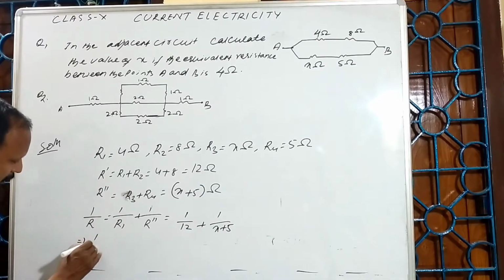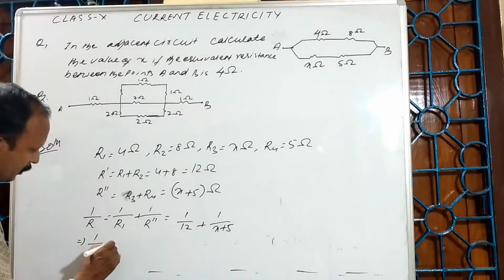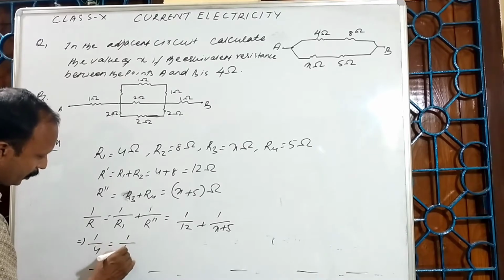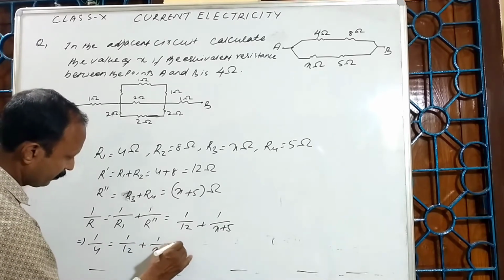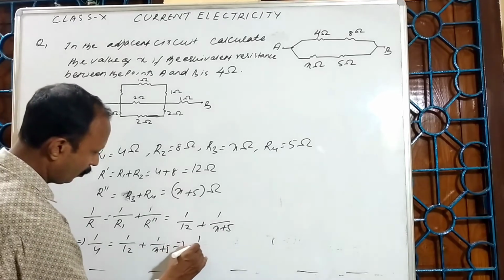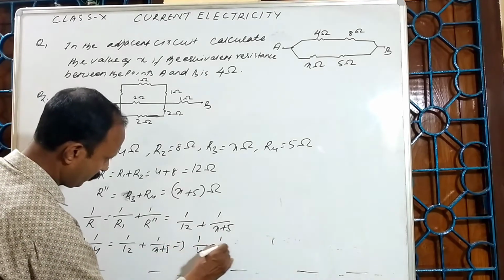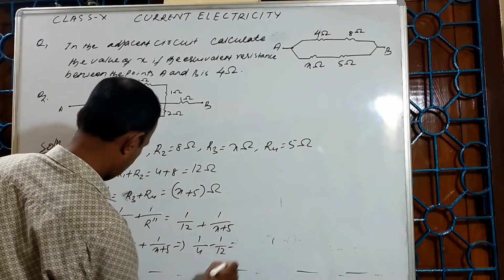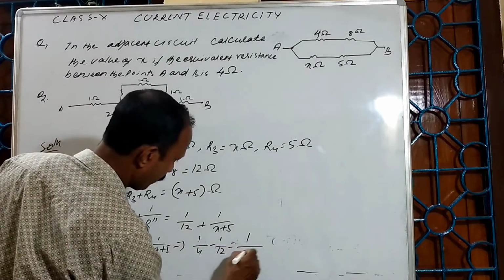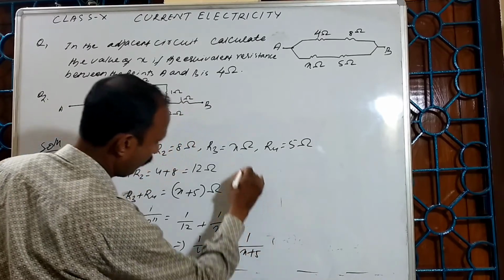So I can write that 1 upon 4 is equal to 1 upon 12 plus 1 upon X plus 5. Implies that 1 divided by 4 minus 1 by 12 is equal to 1 by X plus 5.